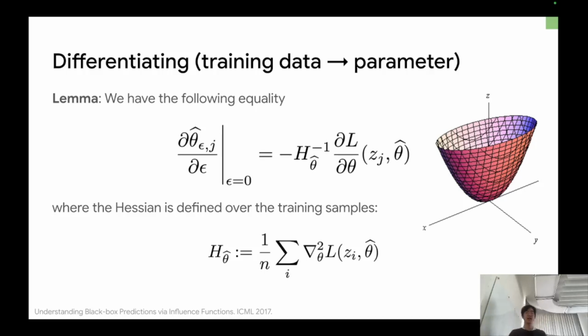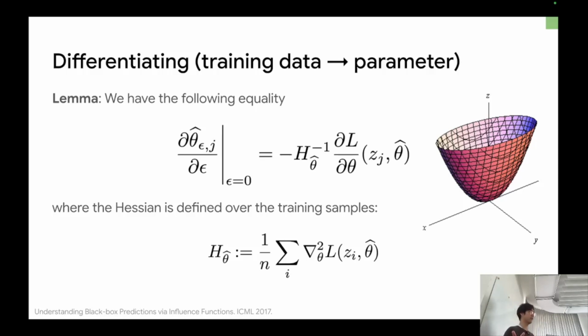is saying if you differentiate this theta hat against epsilon, and if you evaluate this gradient at epsilon equals 0, then you're exactly going to get minus Hessian inverse times the parameter gradient of the loss at Zj, at the solution theta hat.